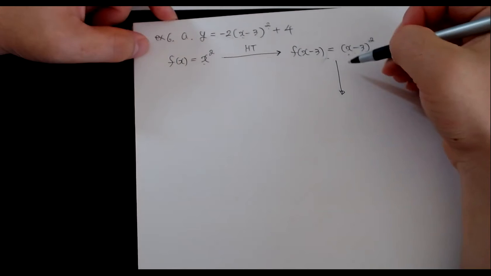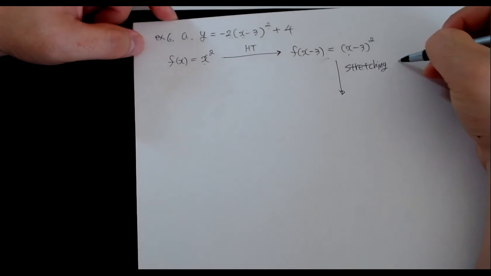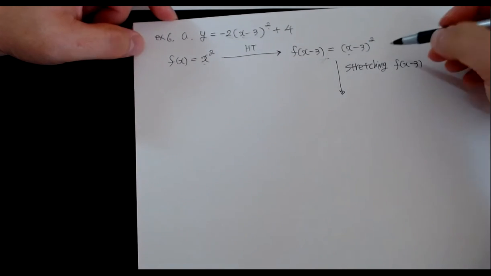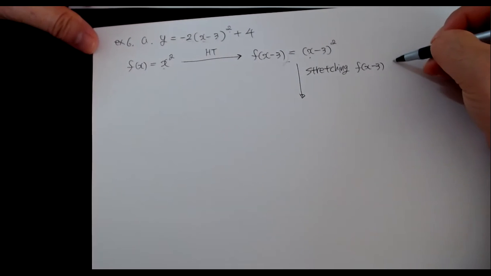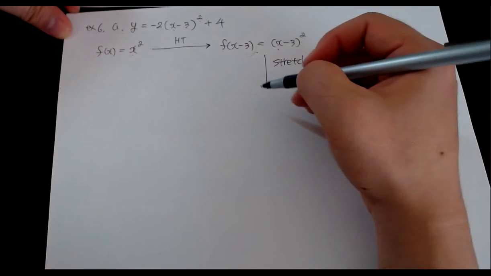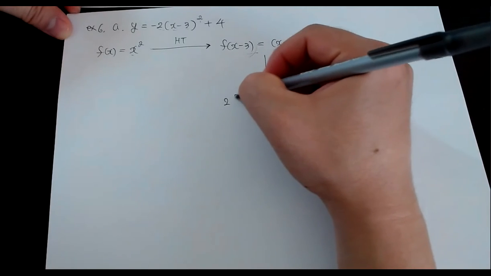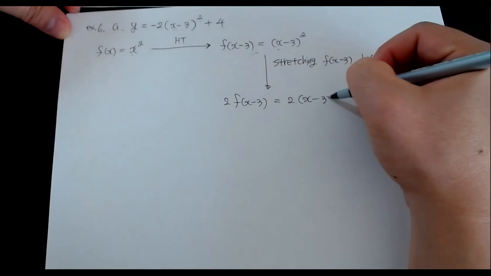So this is a stretching. We got 2 times f of x minus 3, which is 2 times x minus 3 squared.